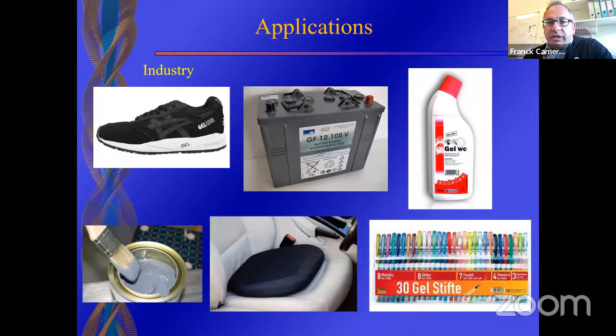You can also find gels in industrial materials. For example, you can find gels in shoes. It can be used as electrolyte in batteries to avoid the flow of the electrolyte if you have some problem with your battery. You can find this in paints, but also in pencils, for example, for the color.